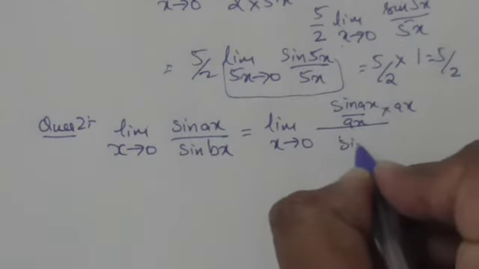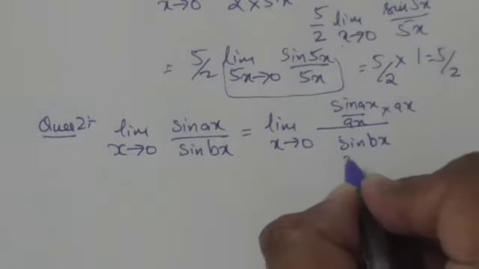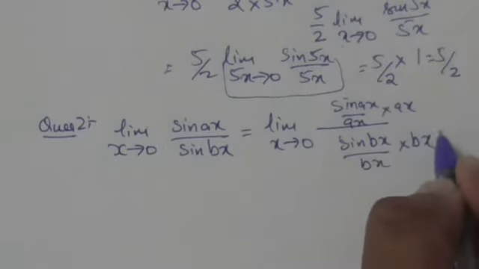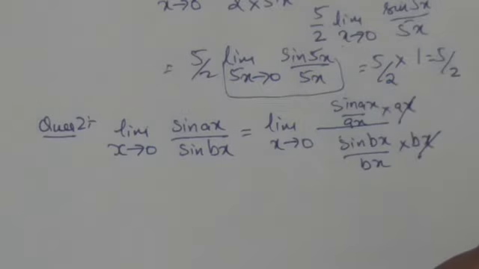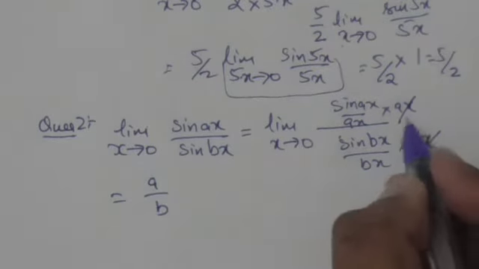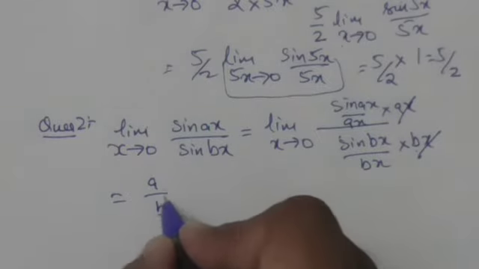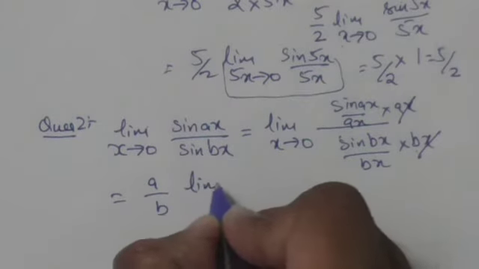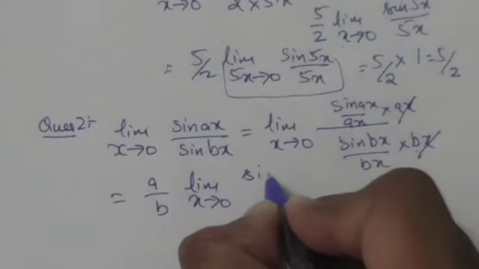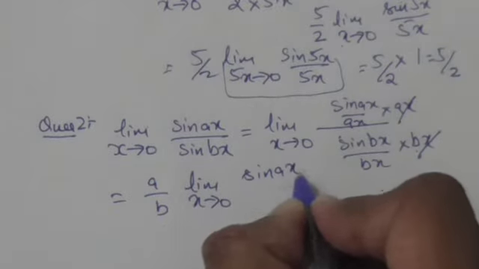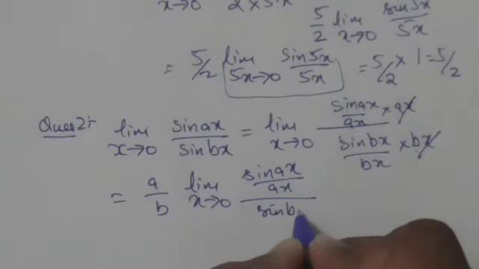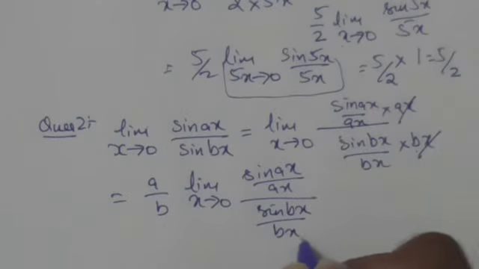So we will have sin bx upon bx into bx. So this x will cancel this x. So we will have a upon b. This a and b will come out of this expression: limit x tends to 0 sin ax upon ax over sin bx upon bx.